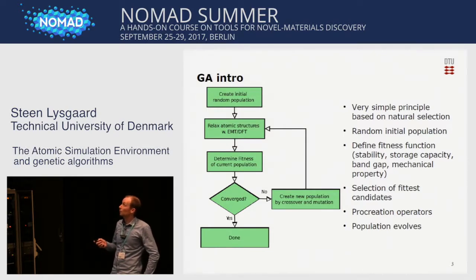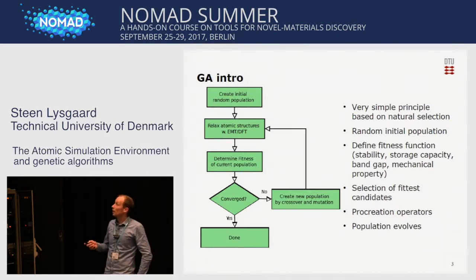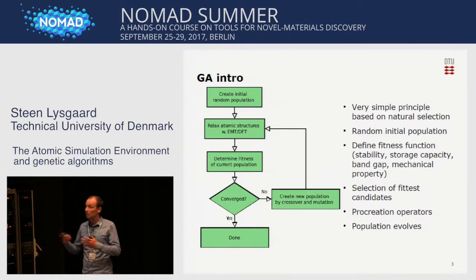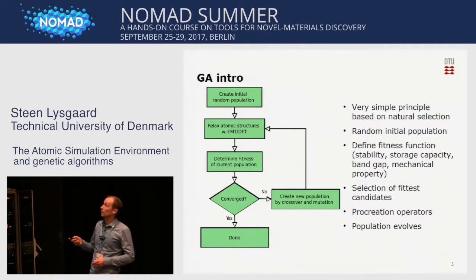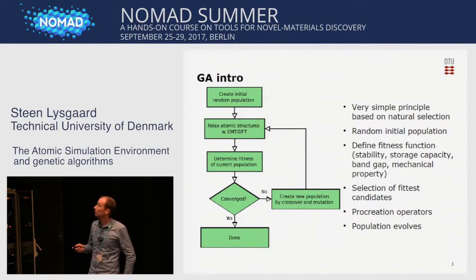And then the part where, when one sets up a genetic algorithm, one has to do the most work is when you create new candidates, new structures based on your existing population. So normally one goes about that by crossover operations and mutations. And I'll come back to what those entail.